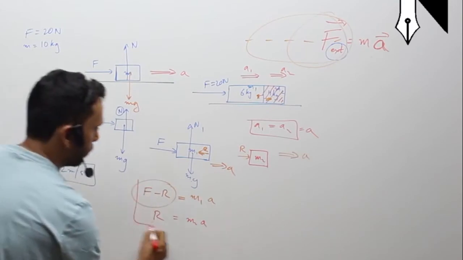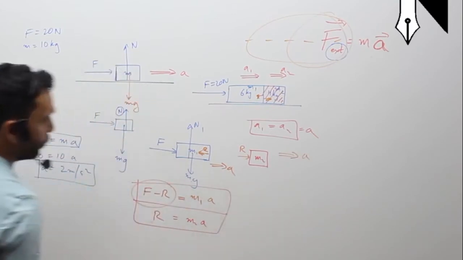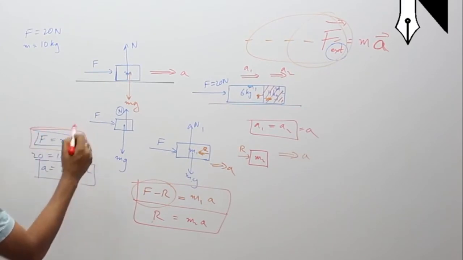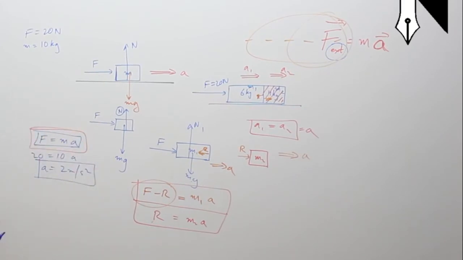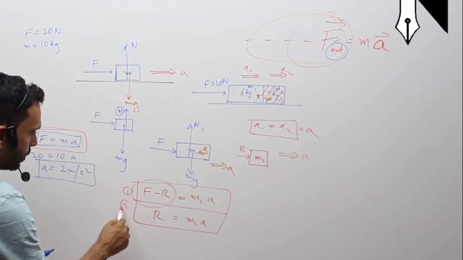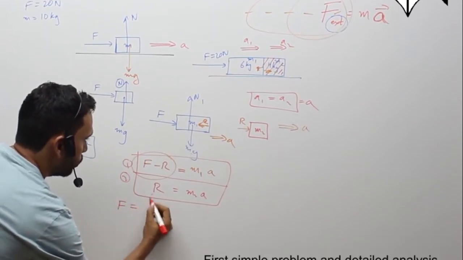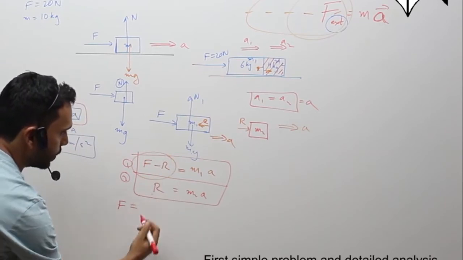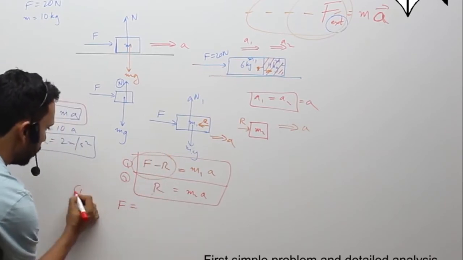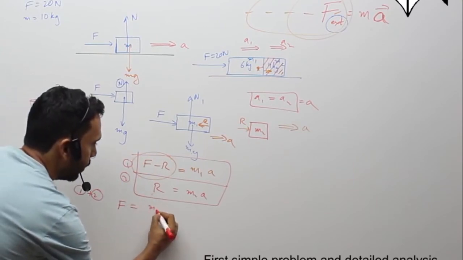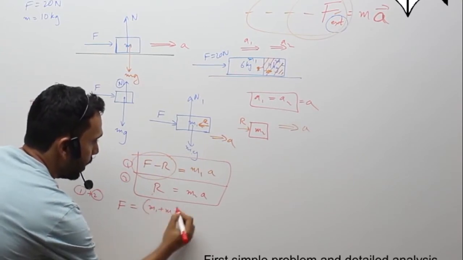So these are the two equations, which are as good as the old equation F is equal to MA. How is that? If I add the two equations 1 and 2, what do I get? I get F, and R gets cancelled, minus R plus R. I'm adding equation number 1 and equation number 2 to do away with the R. So I get F equal to (M1 plus M2) A.